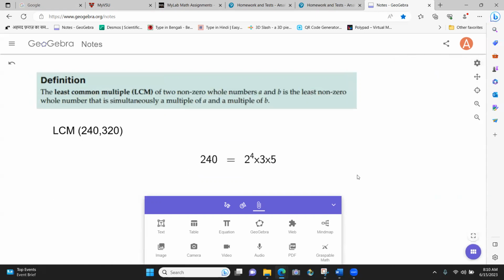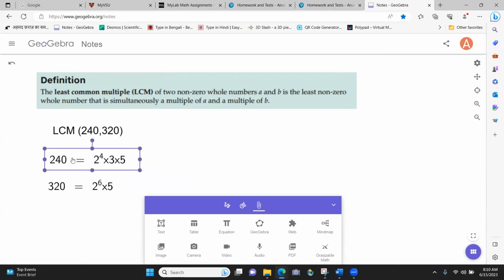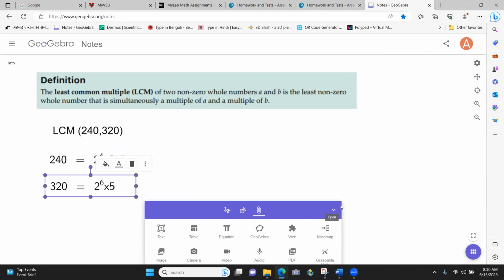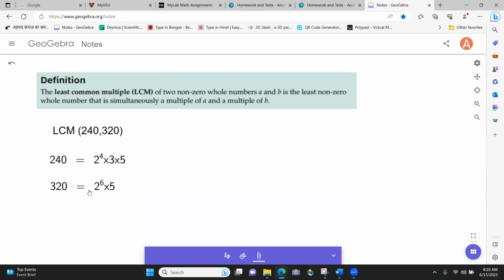All right, that ought to do it. So I am going to find the lowest common multiple of 240 and 320. Just like when we found the GCD, you want to find the prime factorization of each number.